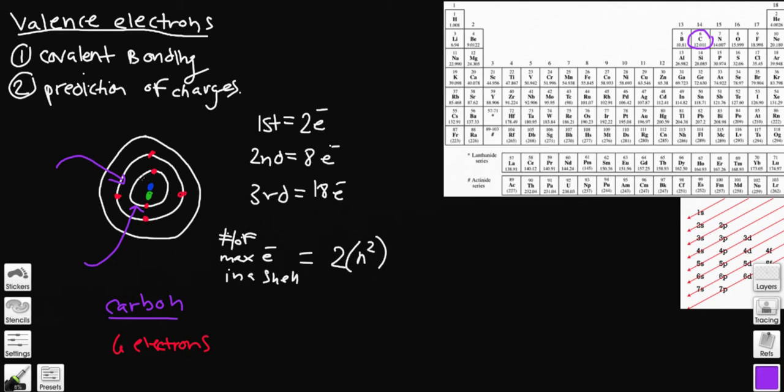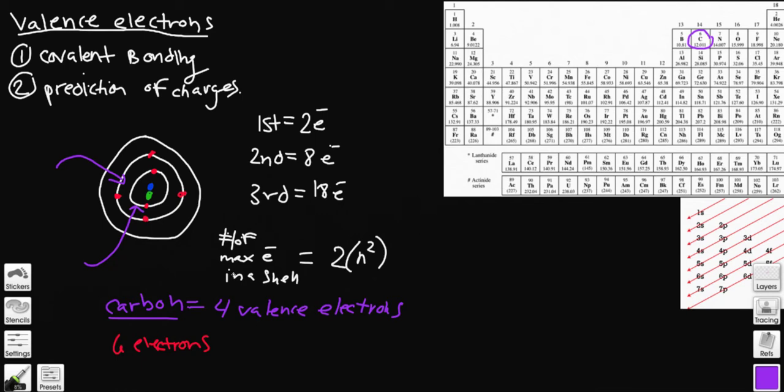Now, out of these two, the second shell is the outermost. So the outermost shell that's filled has 4 electrons, meaning carbon has 4 valence electrons. Okay, carbon has 4 valence electrons.